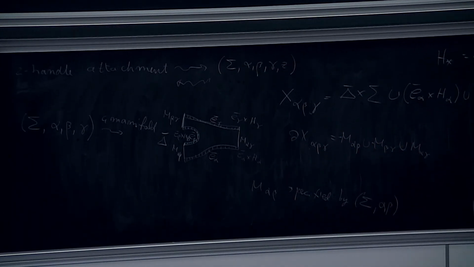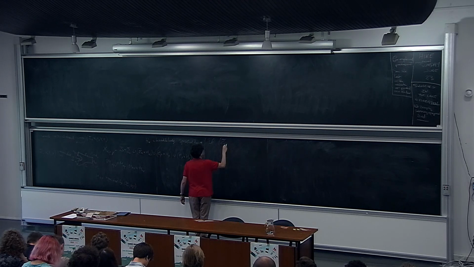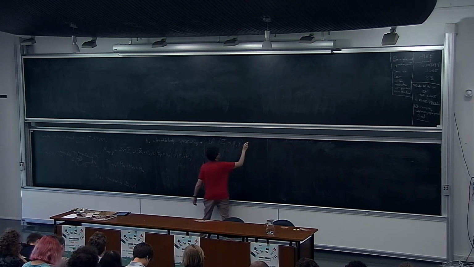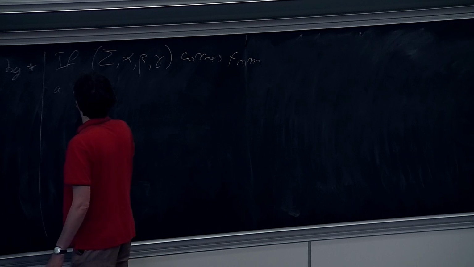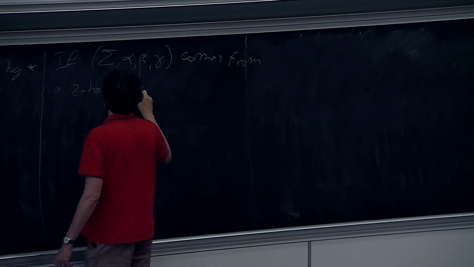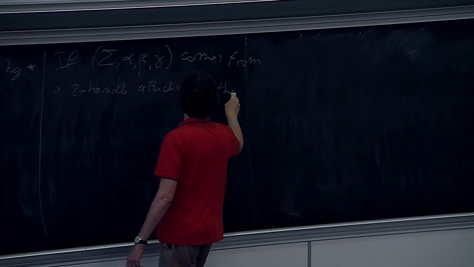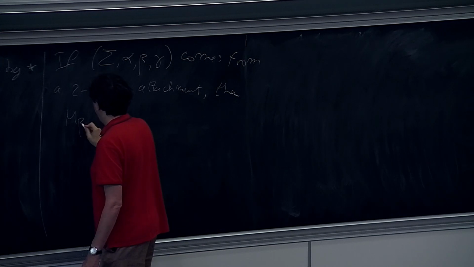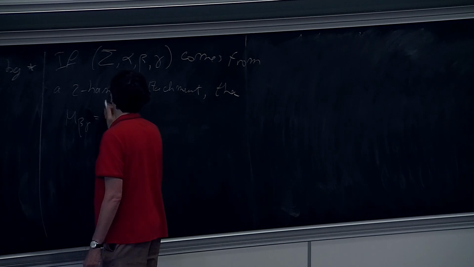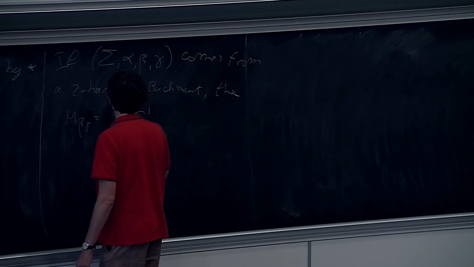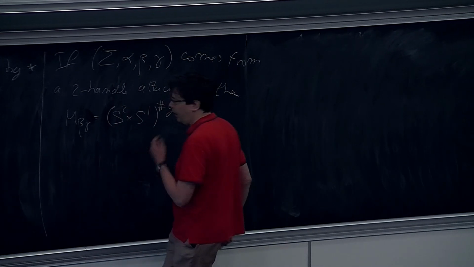So in the case sigma alpha beta gamma comes from a two-handle attachment, then M beta gamma is equal to S2 times S1 connected sum g minus 1 times.